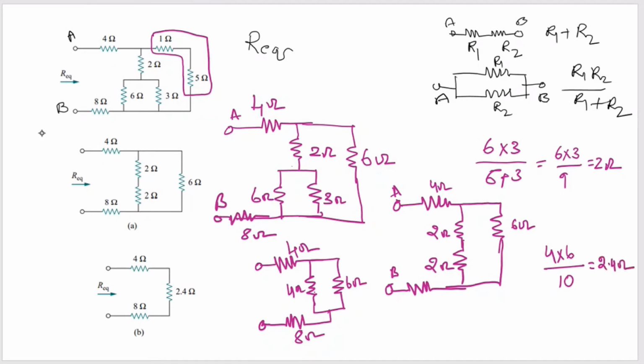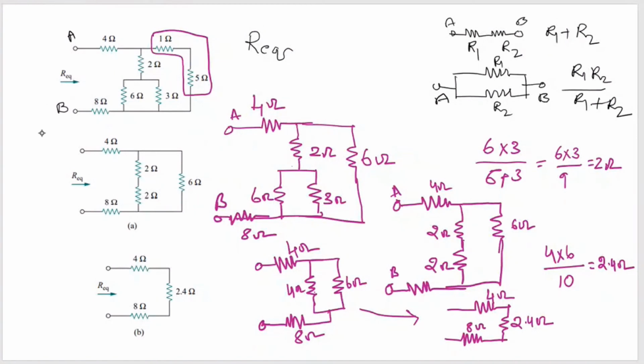So the parallel combination is 2.4. So this is reduced to 4 ohms, 2.4 ohms and 8 ohms.